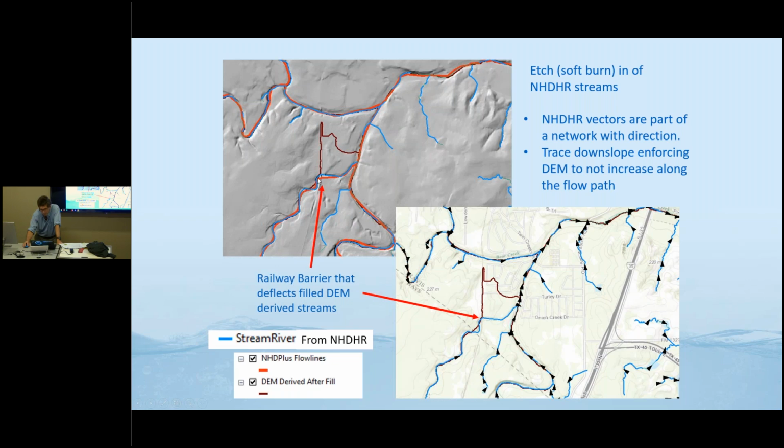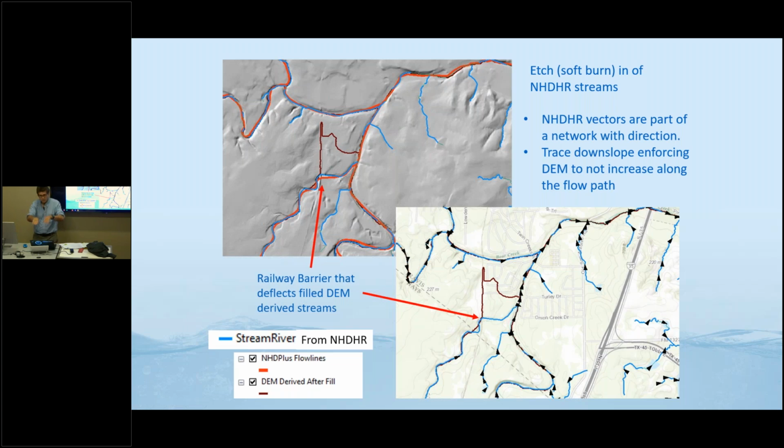So those are the blue lines on this map, not the red one, that actually follows that path a little bit better, and find the direction of flow depicted by these arrows here, and then developing a process that I'm calling etching or soft burning that traces down these flow lines and lets the elevation never go up.